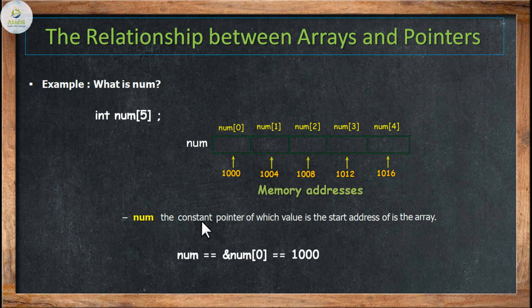So num, the constant pointer, will be created which will have the value of the starting address of the array. That's how pointers and arrays are related. Each and every time an array is created, a pointer inside the computer is created that points to the very first address, using the same name without the subscript.